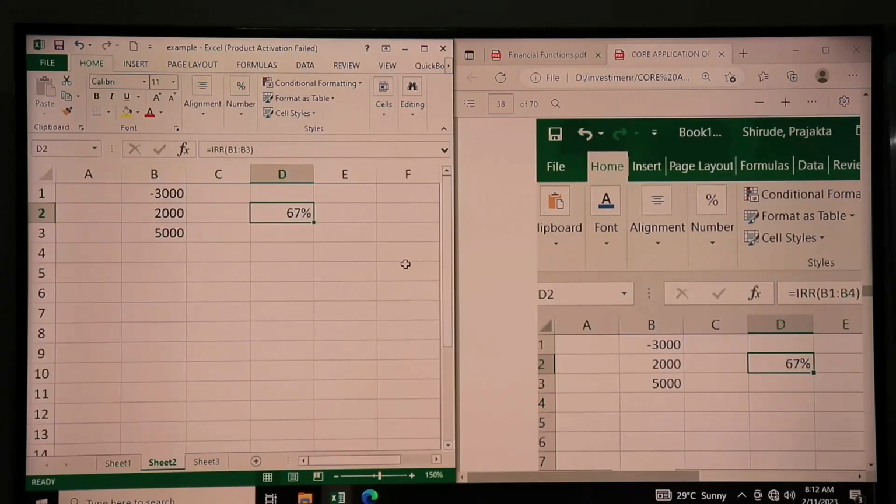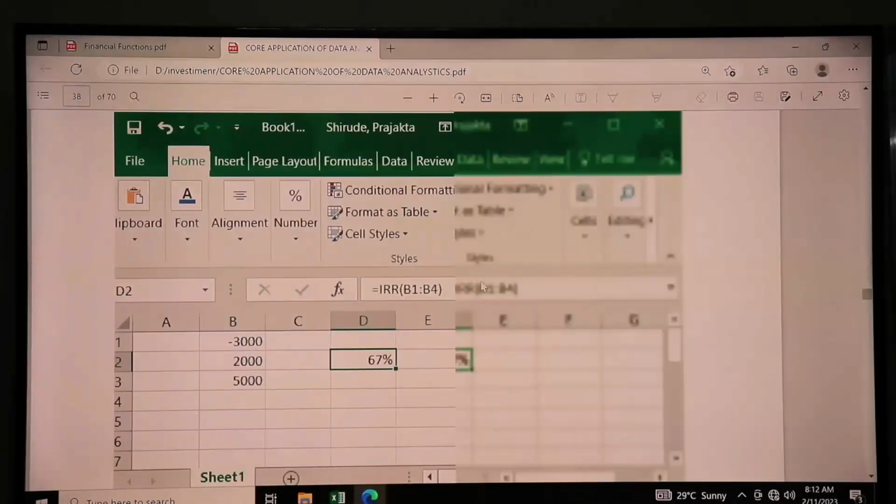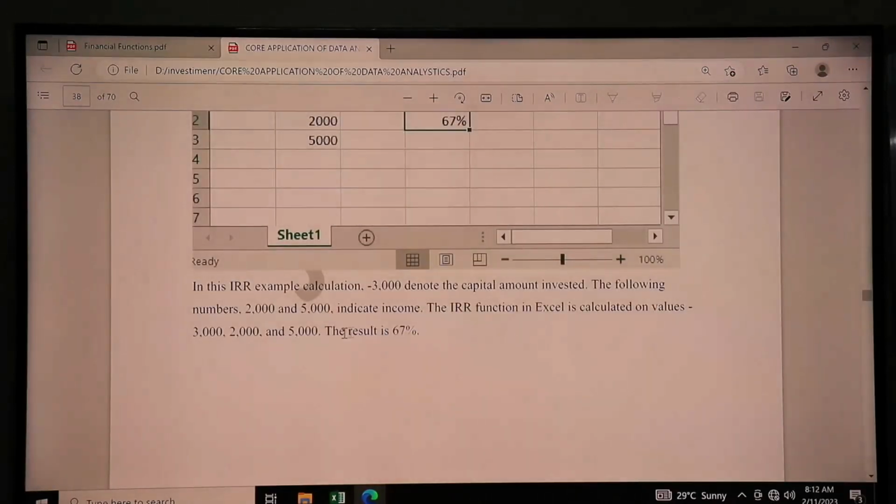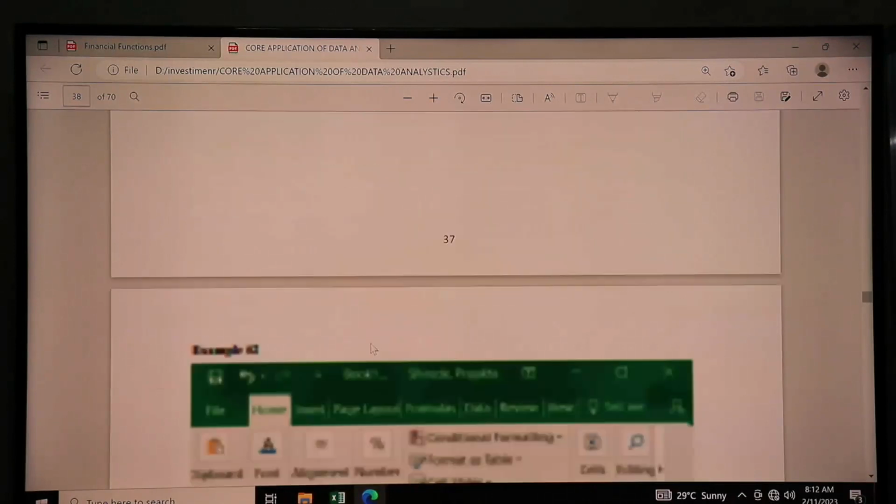You just use the cash flow, and you'll find that the amount is 67%. When you're computing this, you can see that in this internal rate of return, this denotes the capital invested, then the following numbers, 2,000, 5,000, are the income, and it will give you this as the result.